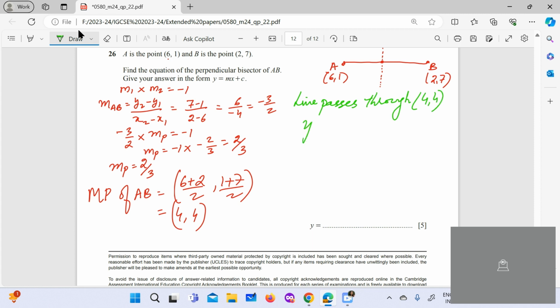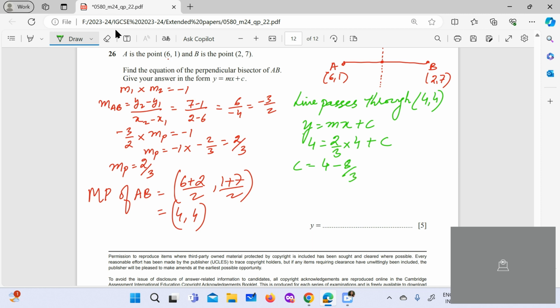So we can calculate the value of c now. y = mx + c, where y is 4, m is 2 over 3, x is 4, and c. So c equals 4 minus 8 over 3.